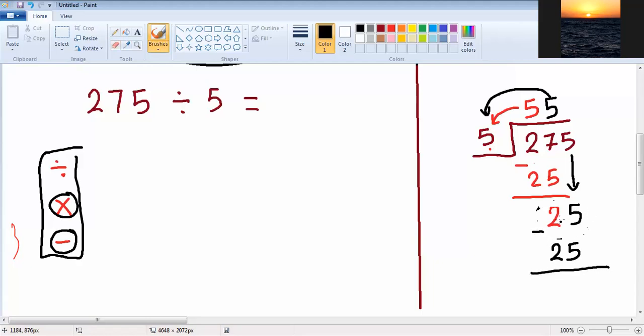And 25 here, what's 25 minus 25? 0. Is there any more digits to drop down after 5? No. So what is the answer? The answer is 55.